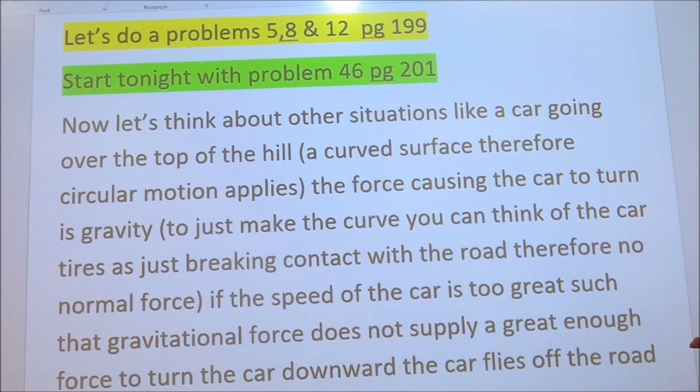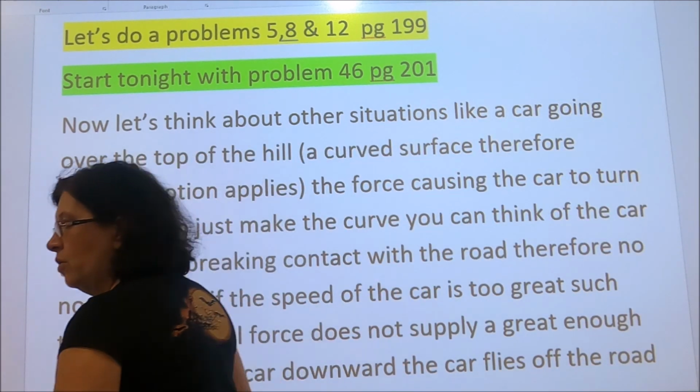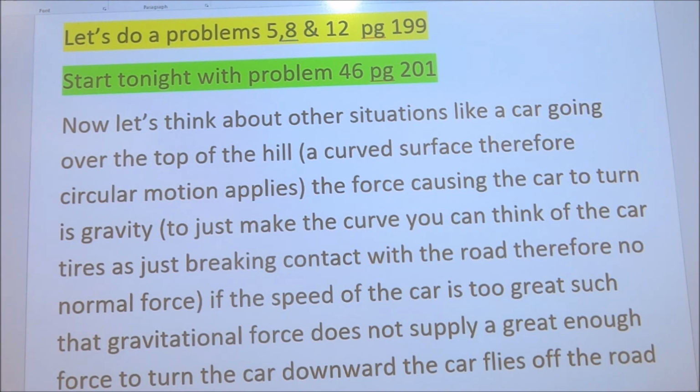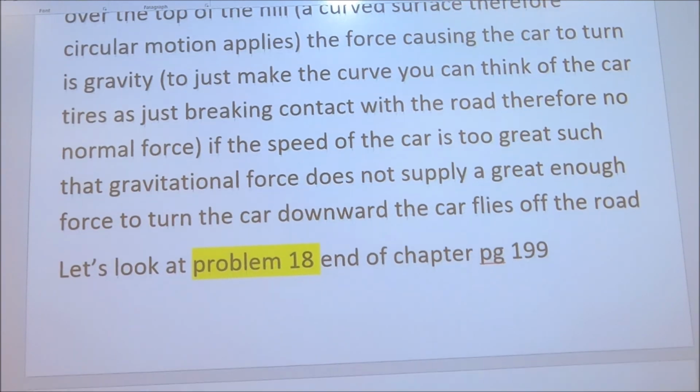If you're going at a speed faster than what gravitational force can use as a turning force for you downward, your car is going to fly off the road. Whee! Which, by the way, guys, sounds lots of fun until you get the bill for the damage to your car.